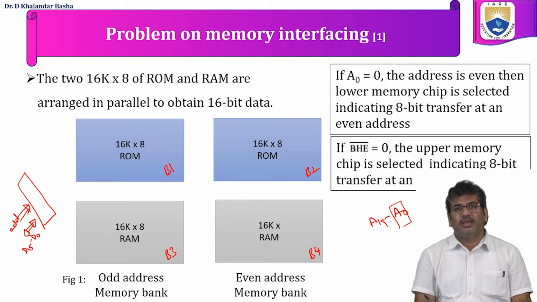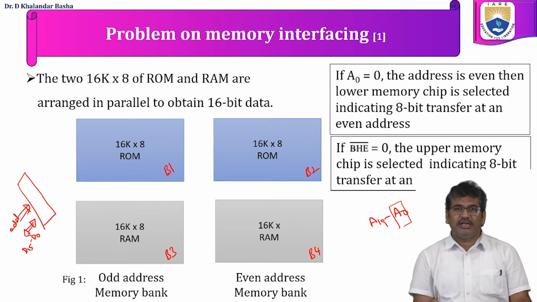If it is a 16-bit data transfer, we have to select two memory chips, either ROM or RAM. Suppose the data you are accessing is 16-bit size and corresponds to ROM, then we have to select both block 1 and block 2. And if the data size is 16-bit corresponding to RAM, then we have to select blocks B3 and B4.